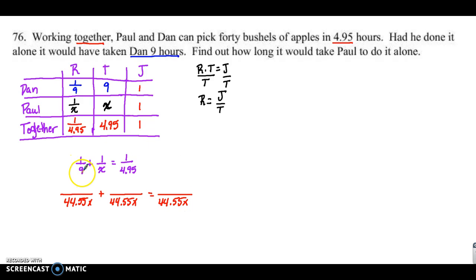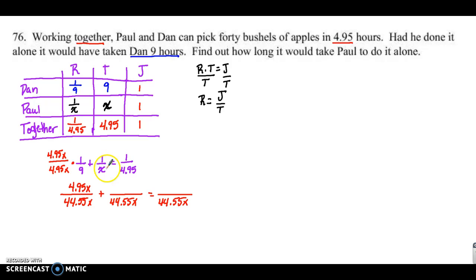Now, what I had to multiply 9 by to get 44.55 was 4.95. So what that means is I'm going to multiply this by 4.95x. And what I do to the bottom, I must also multiply to the top. So my top will become 4.95x. For my x, what I had to multiply this by was 44.55.